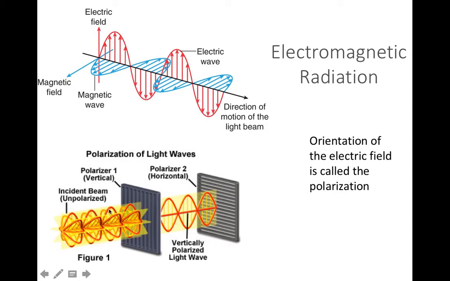But if we place that light beam through a polarizer, we can select only a specific polarization of that light, and so we block all the other ones. If we send that through another polarizer that has a different orientation, then the light that's been polarized can't get through that.